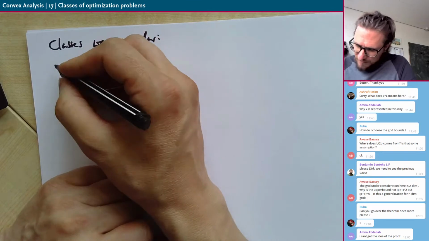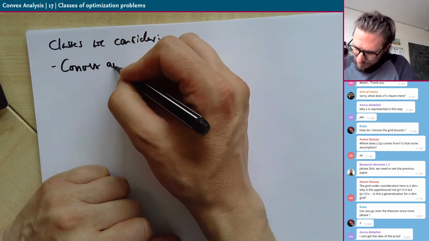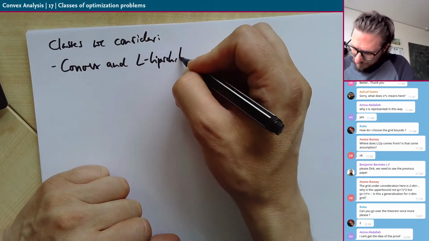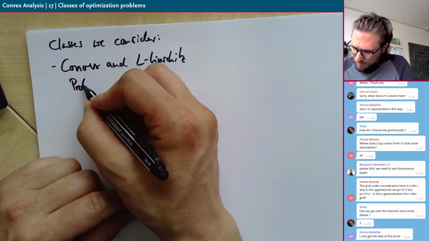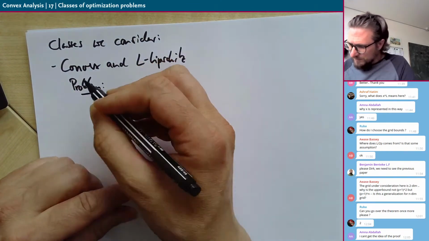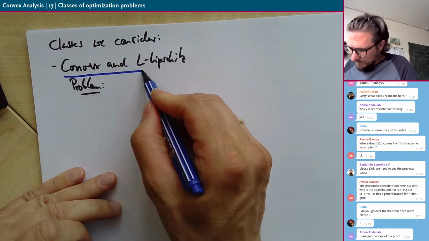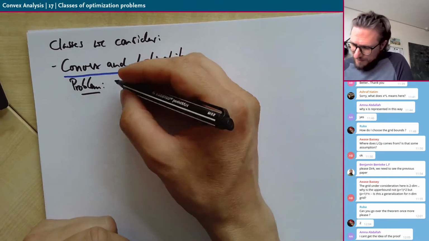So the first one is convex and Lipschitz. What's our problem? Looks like this. So that's the first. And now convexity comes into play.